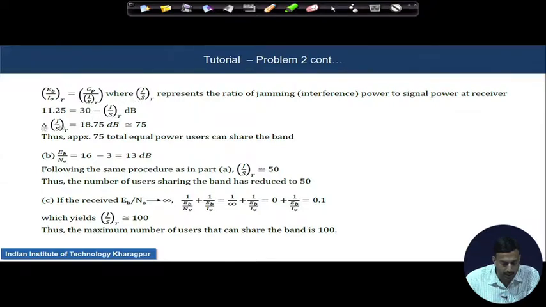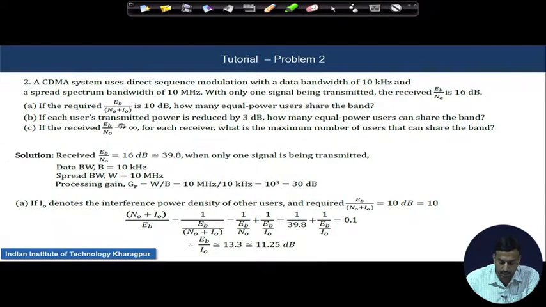And now we get the jammer power to signal power ratio to be equal to 18.75 dB from this expression, and this is equal to 75, which is precisely the number of users that can share the band, provided that we limit our Eb by N naught plus I naught to 10 dB.